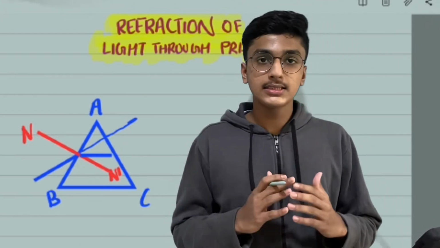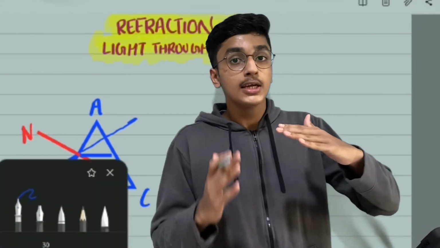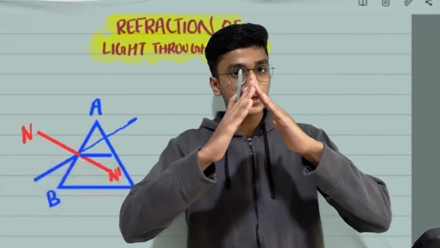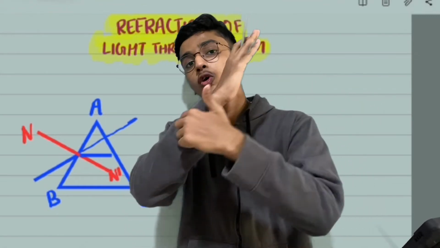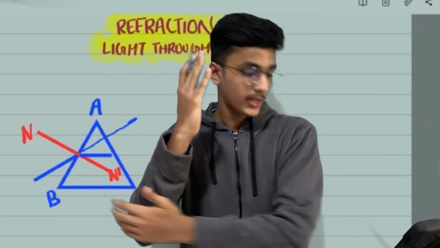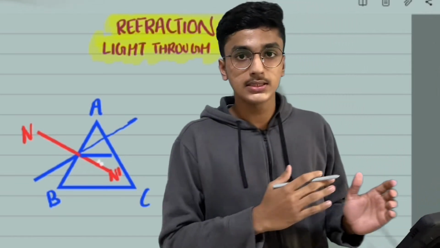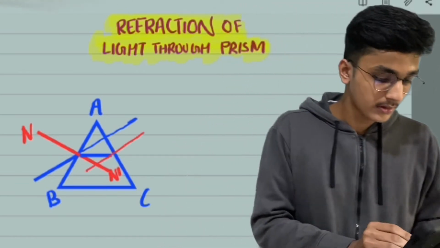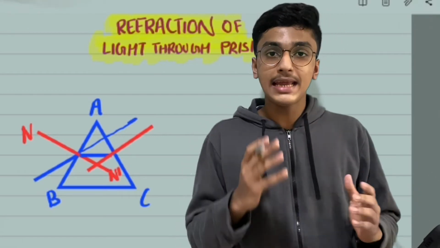The next case is how it deviates from the glass medium into the air. Because it's a rectangular shape, if it comes in from this side, it has to go out from this side, right? So there is a deviation occurring on this side too. Let's observe that too. As in the previous case, let's draw a normal. I have drawn a normal. Let it be M and M dash.